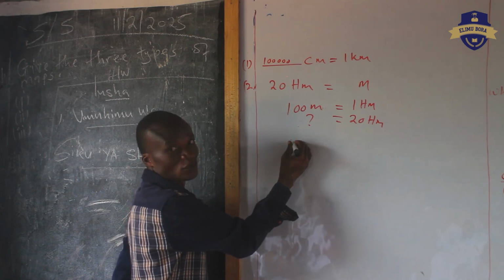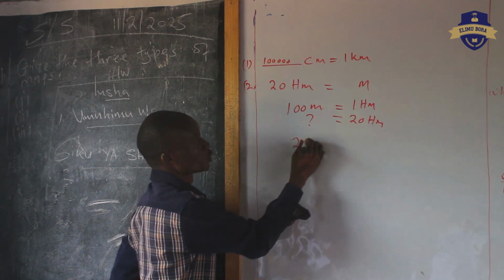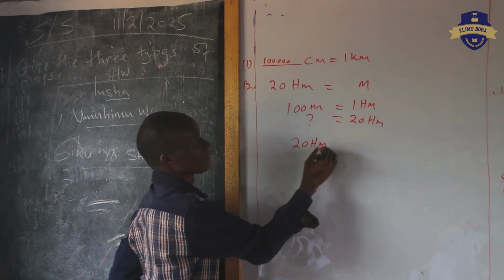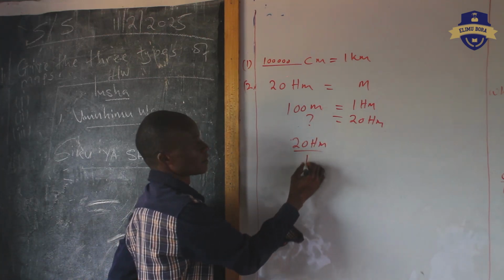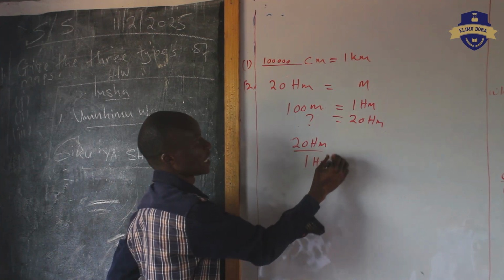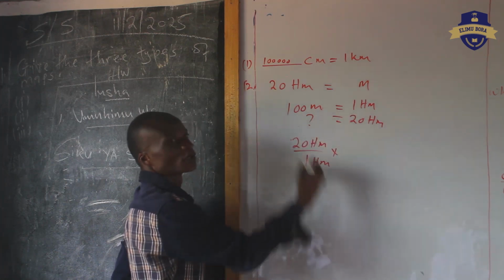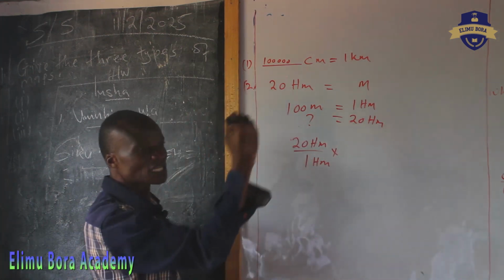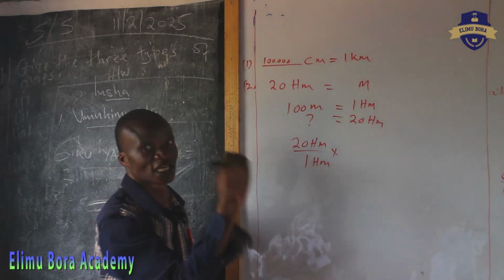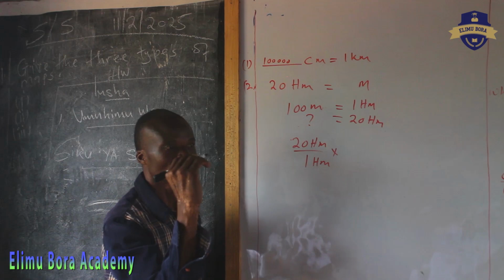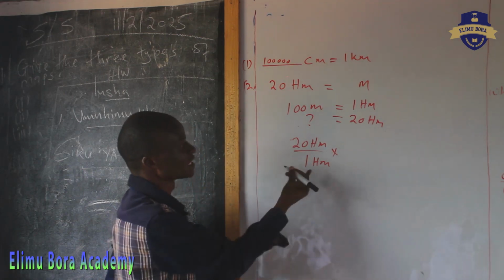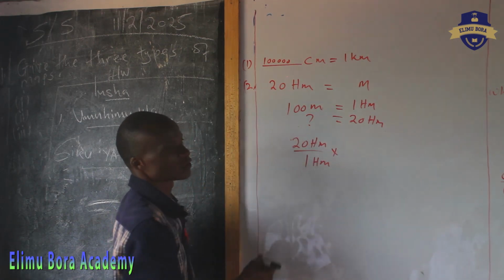Cross multiply. What and what? 20 hectometer out of 1 hectometer. Hectometer out of hectometers. If it is meters, out of meters. If it is centimeter, out of centimeters. If it is kilometer, out of kilometer. You are writing here meters. 20 hectometer out of meters, you will see.